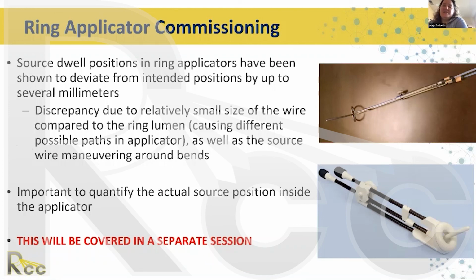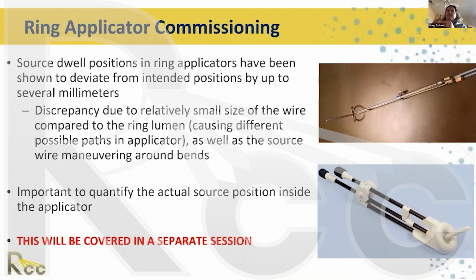So I just wanted to say something about rings. The source dwell positions in ring applicators have been shown to deviate from intended positions by up to several millimeters. And that discrepancy originates from the thin diameter of the wire compared to the ring lumen, and that's causing different possible paths in the applicator.